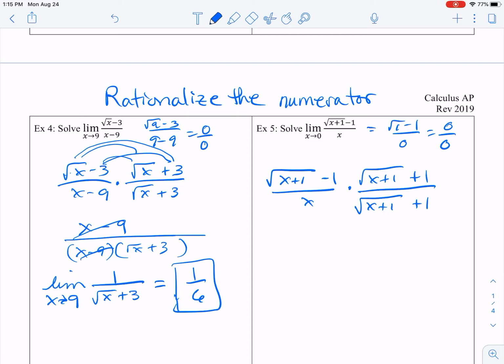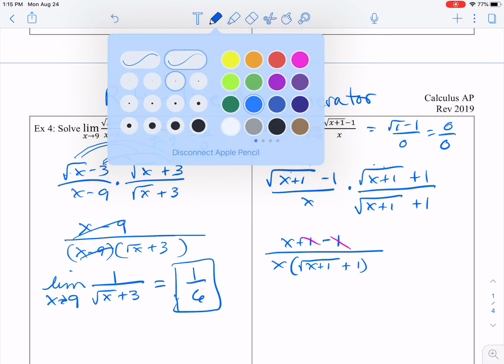Square root times the square root gives me x plus 1. The middle term falls out, and then I get a minus 1, and that's over x times the square root of x plus 1 plus 1. This simplifies to just an x on top. Positive 1, negative 1 go away.